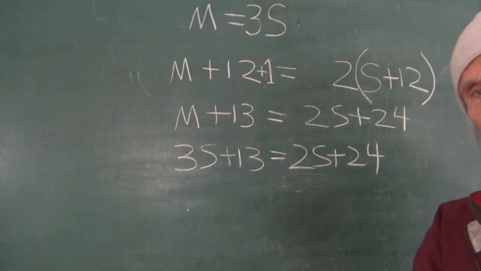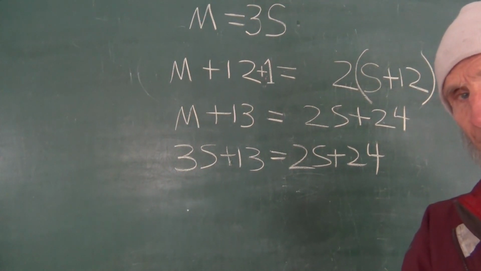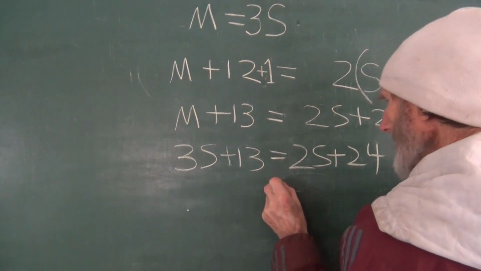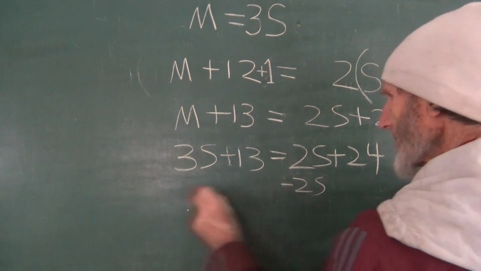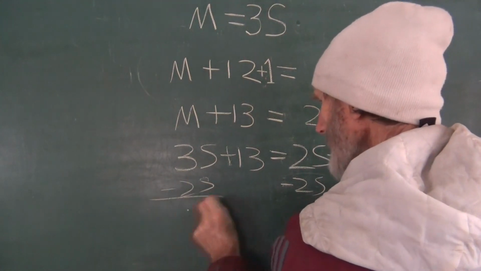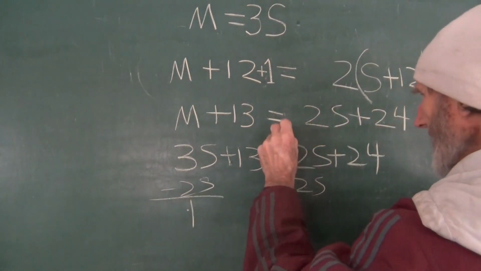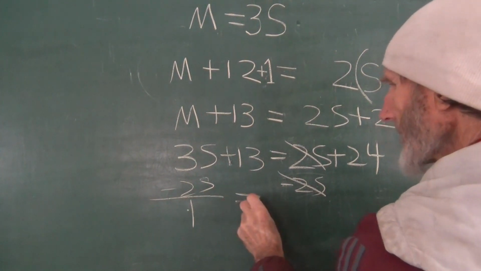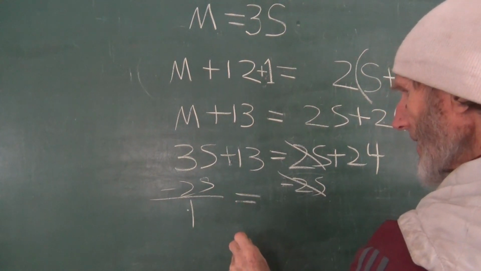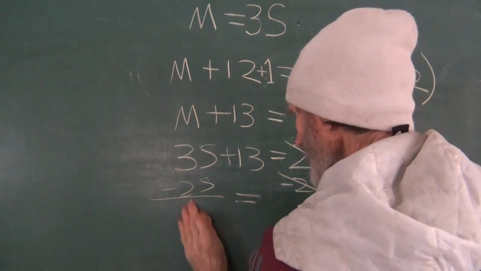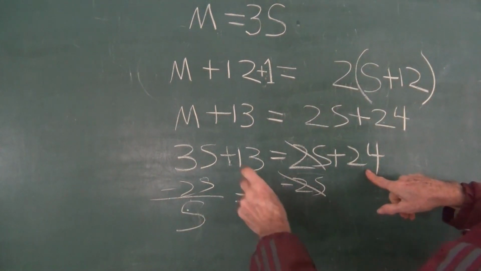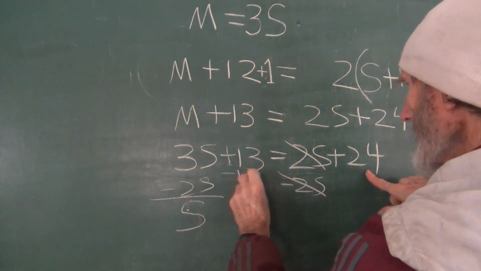Stop the video, do the solution. Okay, well, since you obviously got this already, I'm just going to subtract 2s from both sides. And that means we'll have s here, and those cancel out, equals 24, and now let's subtract 13 from both sides.